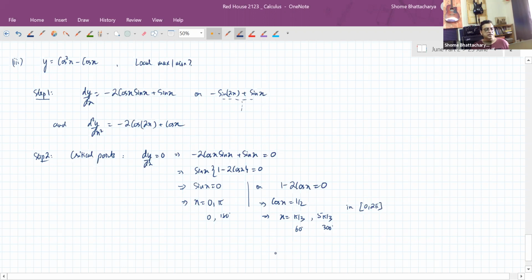So in other cycles, it can repeat itself. So the general solution will become this: 2n pi plus pi by 3.